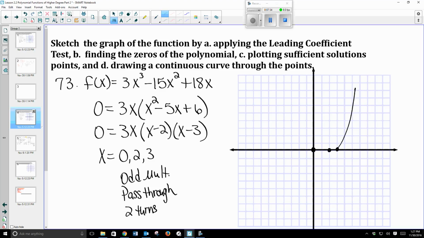So we know this is going like this and this is going like this, but we need to find out what happens in between. Well, we know it's going to pass through, so that means we're going to go up, turn, go back down, turn, and go back up. It didn't bounce, it passes through at all 3 points.